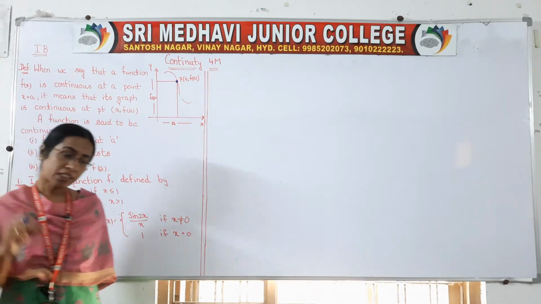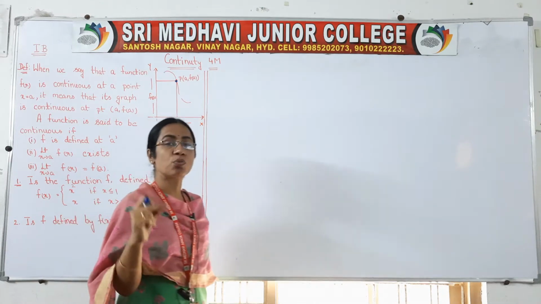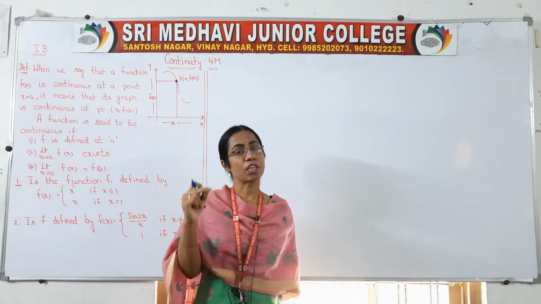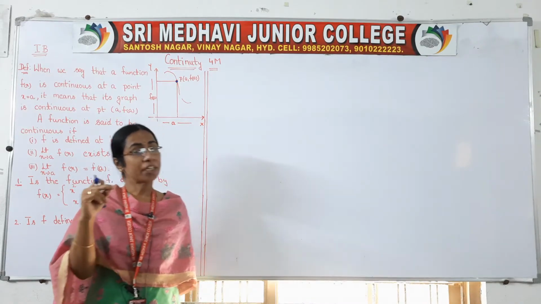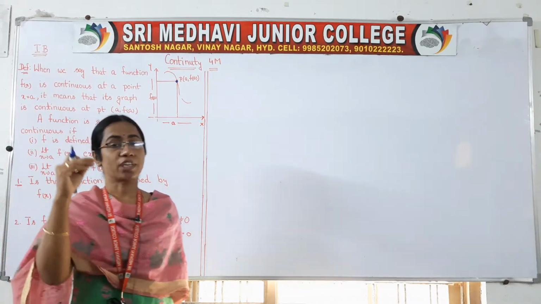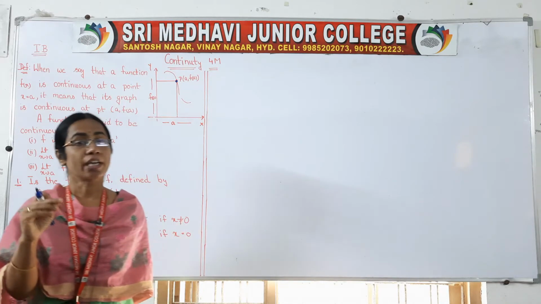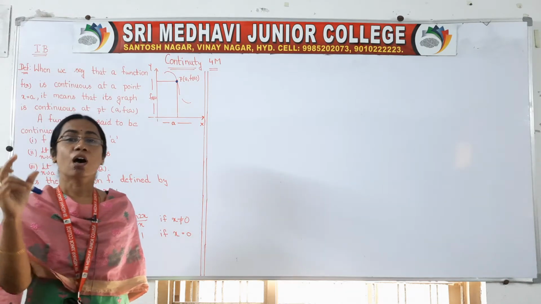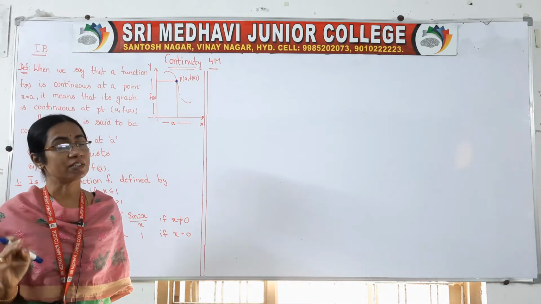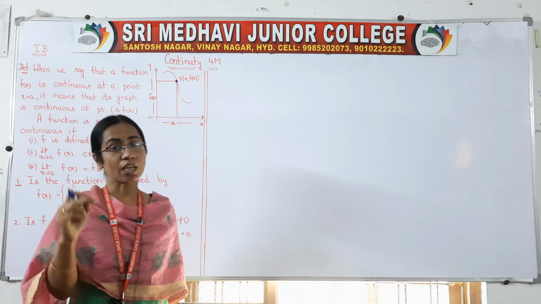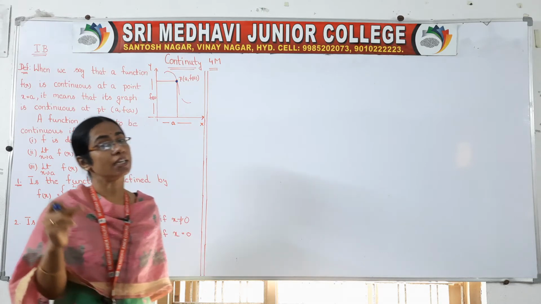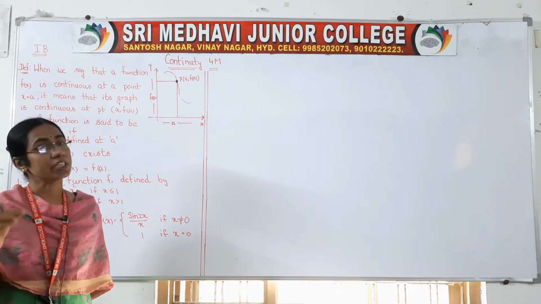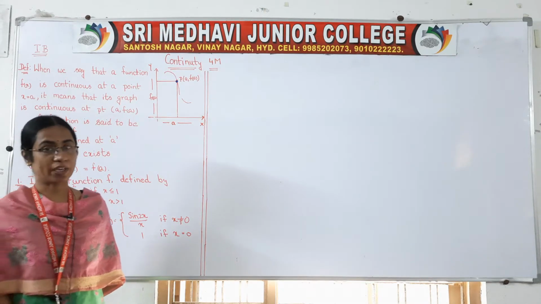Now the conditions: the function must be defined at that point, limit x tends to a, f of x must exist, and limit x tends to a, f of x must be equal to f of a, then we can say that the function is continuous at that point.